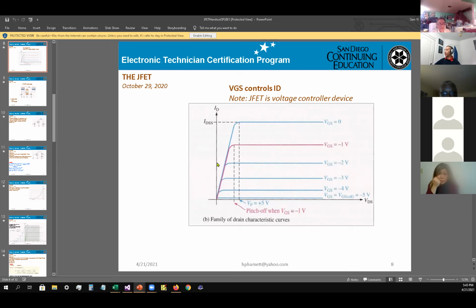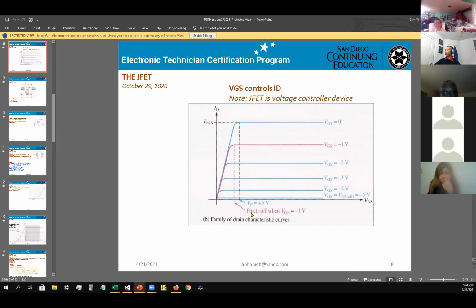However, when ID increases to its maximum at VGS equals 0, VDS goes back to VP, the pinch-off, and it is stuck at the maximum.